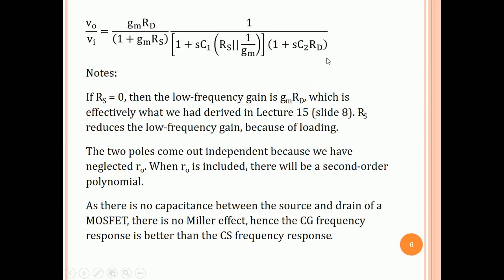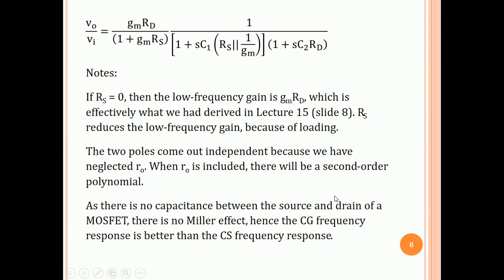Also, a very important observation that distinguishes the common gate stage from the common source stage is that there is no capacitance between the source and drain of a MOSFET, and therefore for the common gate stage there is no Miller capacitance. The source is the input, the drain is the output.